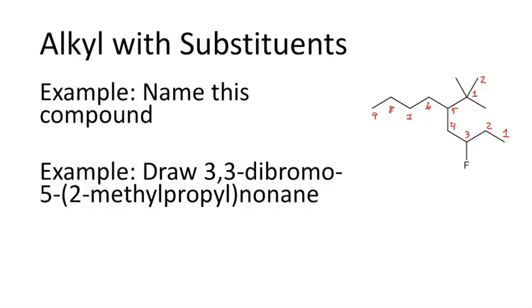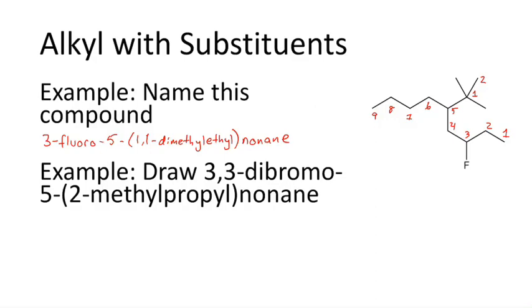So we're going to start the name with 3-fluoro, and then the alkyl is on position 5, and it's going to be called 1,1 because there's 2 methyls coming off of the first carbon of the alkyl branch. And then the backbone of the substituent is an ethyl. And close that in parentheses, and the whole name is nonane.